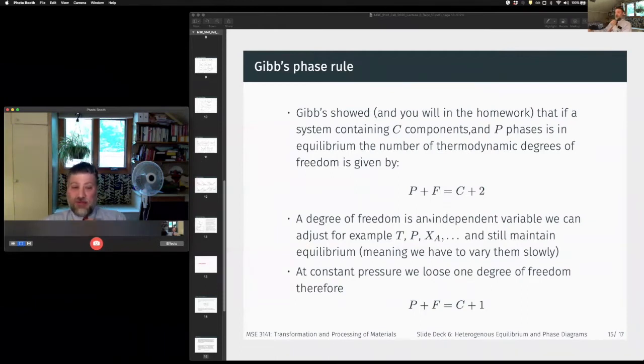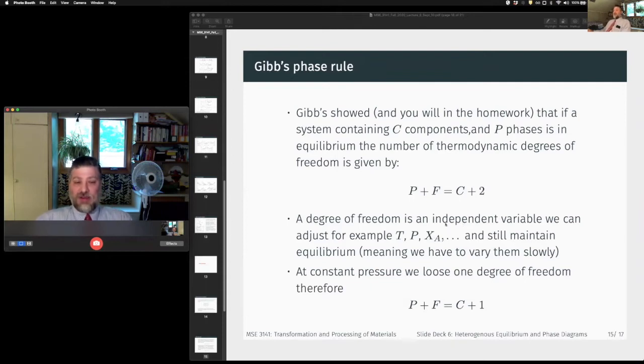A degree of freedom is an independent variable that we can adjust, right? So for thermodynamics, we're talking about temperature, pressure, the composition of individual components. Now, of course, if we have a binary system where we only have A and B, we can't adjust the composition of A and B independently, right?